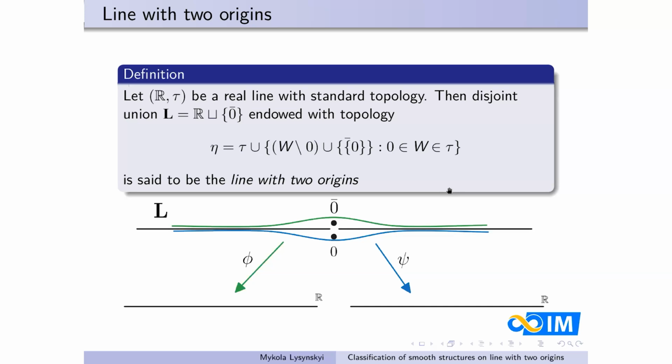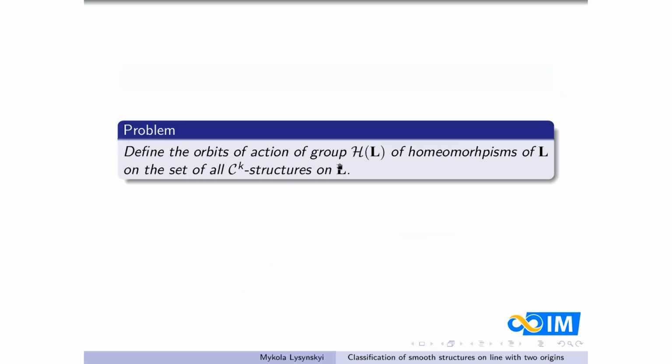Then the space of lines, if we try to parameterize the lines, becomes exactly the line with two origins. So how should we describe the problem of classification of smooth structures on L?